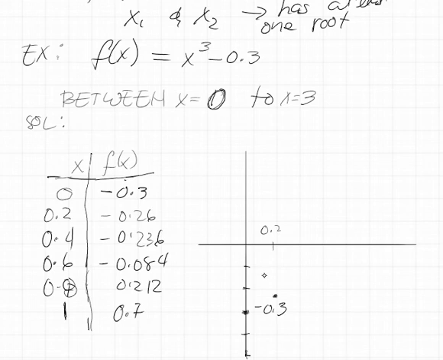Then 0.4, the value is around negative 0.236, somewhere here.